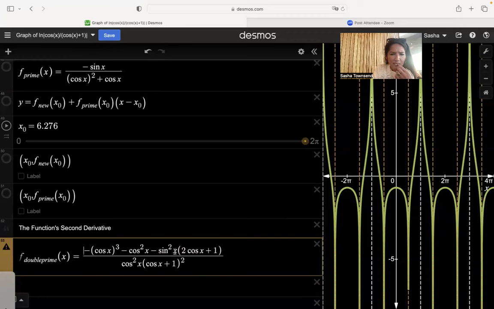And if we distribute this sine squared x through the parentheses, we'll have 2 sine squared x cosine of x. And then I've got a negative sine squared x. And the negative cosine squared minus sine squared is actually negative 1 times the quantity sine squared plus cosine squared. And sine squared plus cosine squared is 1. So it's going to be just a negative 1 term if we combine those.